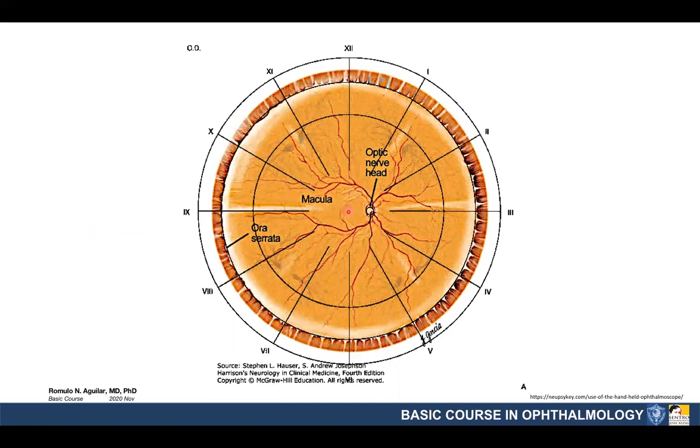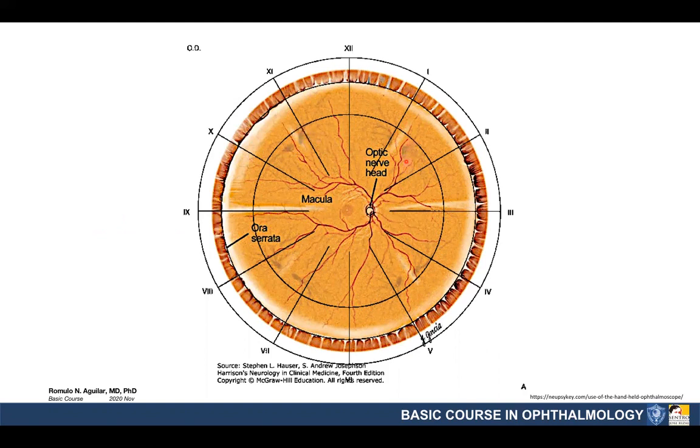The macula is dead center. You have the optic disc. You have the ora serrata, which will coincide with the middle circle. Okay. Now, I'm pointing to the ampulla of the vortex veins. It is just a little bit posterior to the equator.